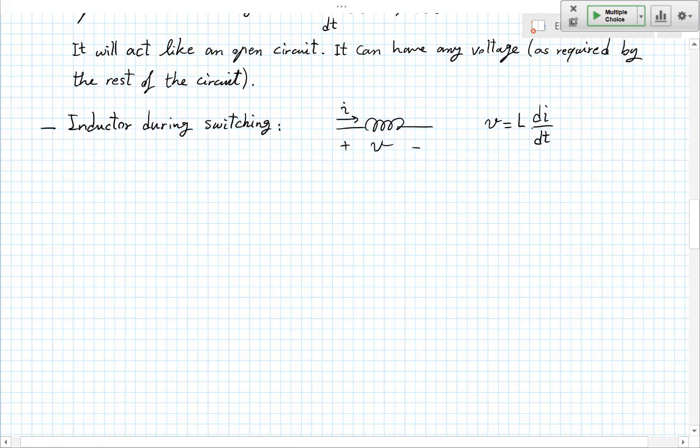So the way we approach thinking about it is very similar. An inductor will resist or oppose an abrupt change in the current, because an abrupt change in the current means di/dt is infinity, which means the inductor would require an infinite voltage.